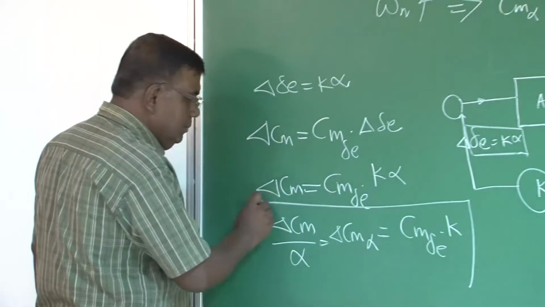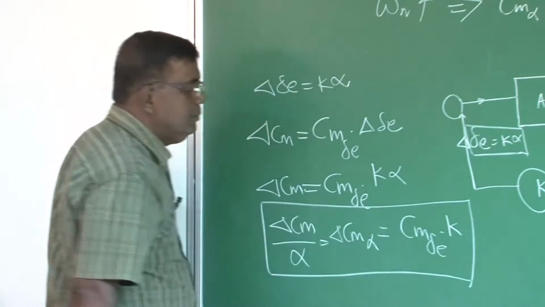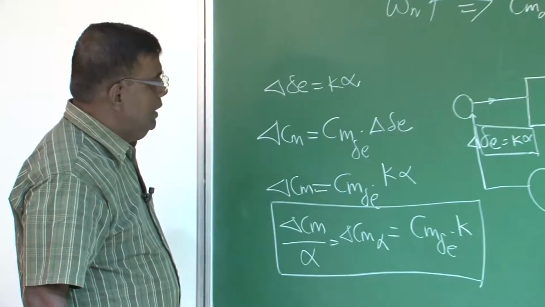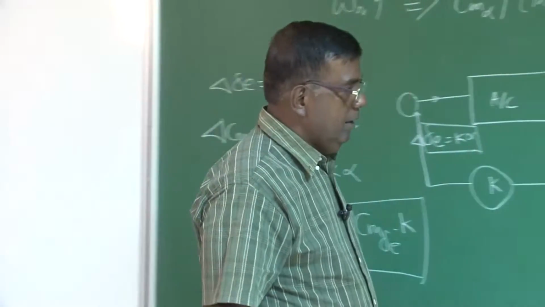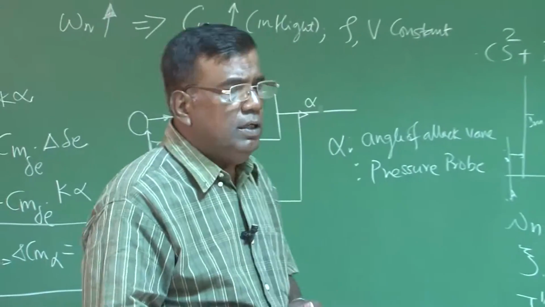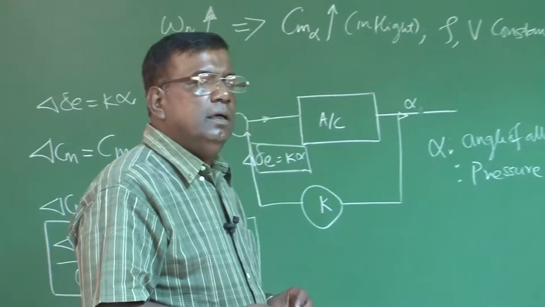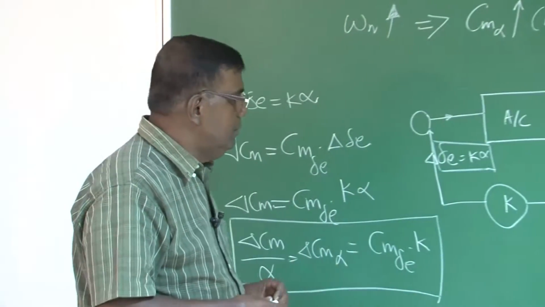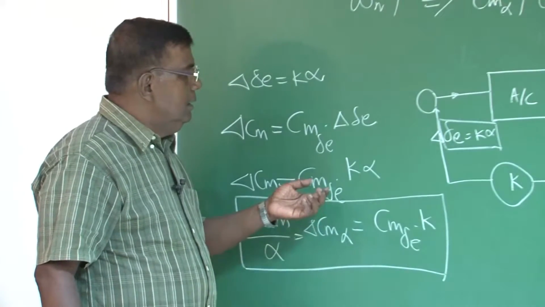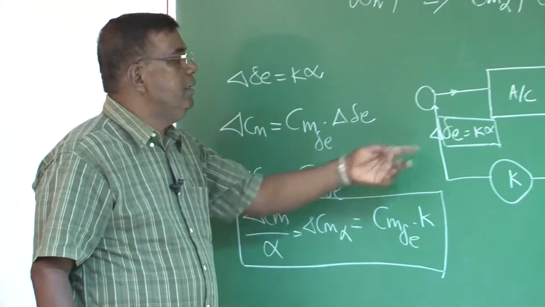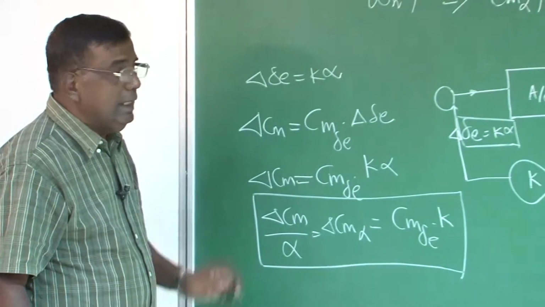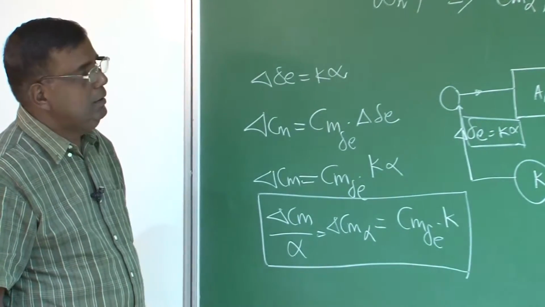So this understanding is there. If I want to introduce additional delta Cm alpha, or artificially I am changing the stability matrix for that time, I can easily do it by feeding alpha and deflecting elevator for that time proportional to k alpha.